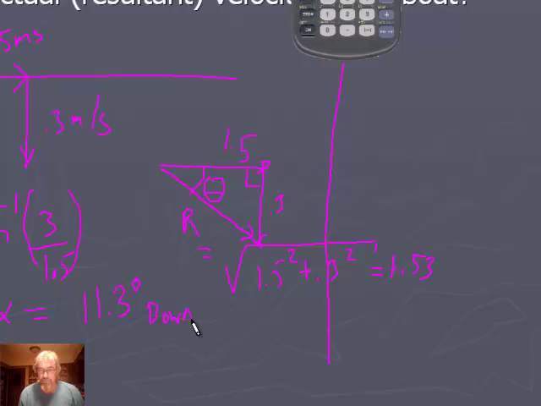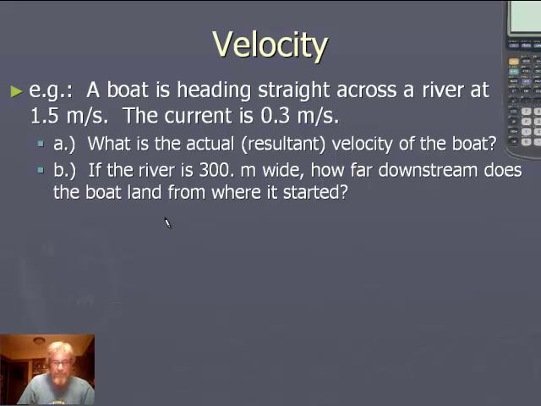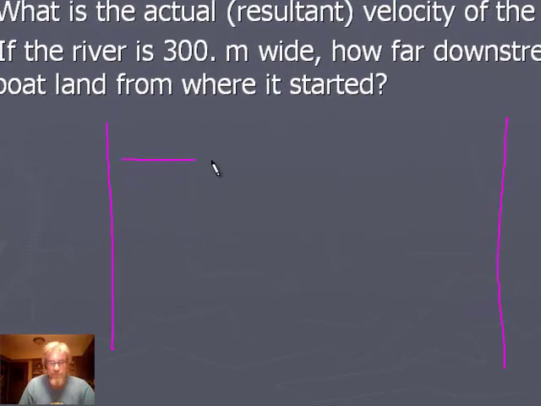Here's another step to this problem. It's asking here, if the river is 300 meters wide, how far downstream does the boat land from where it started? Here's my river, bank 1, opposite bank. My boat is moving across the river, and it's going at 1.5 meters per second.